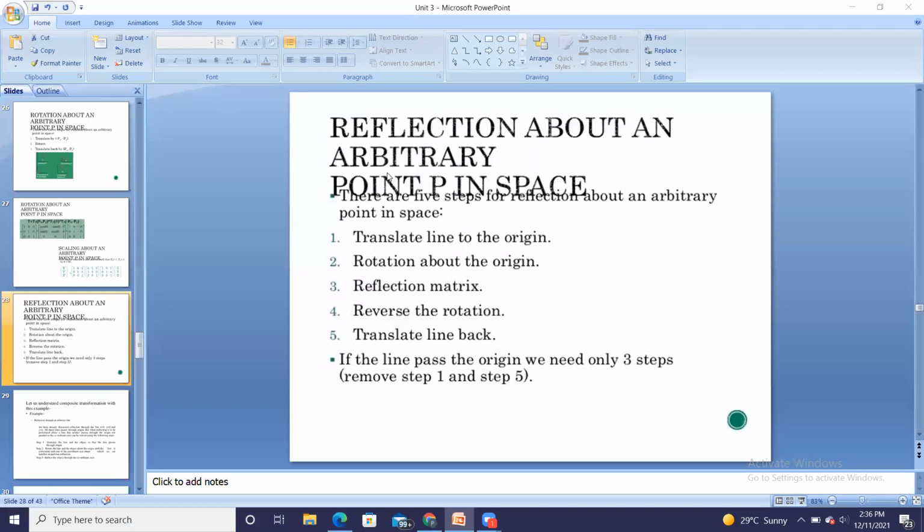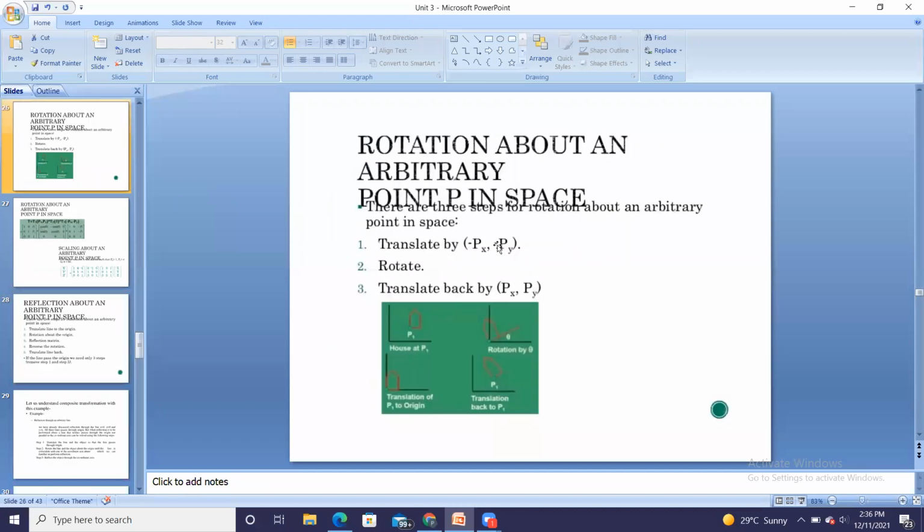If we want to rotate any object about any arbitrary point in the XY plane, we need to follow some steps, which we have studied already. Translate that arbitrary point to the origin, then perform the rotation, and then translate the point back to its original location.